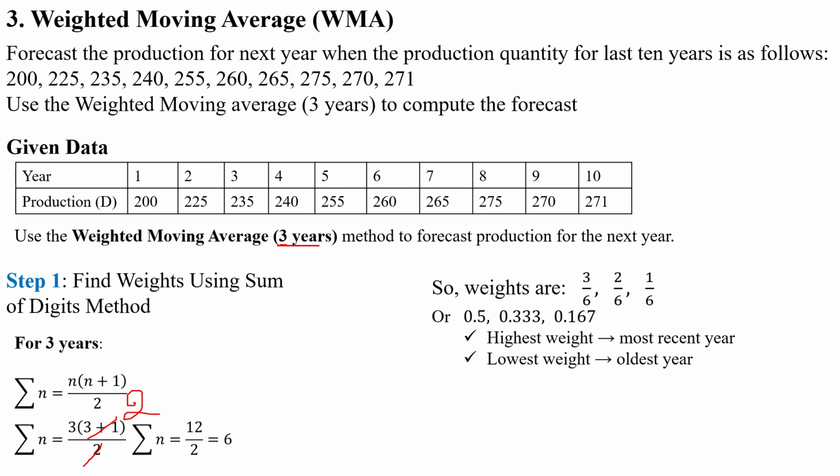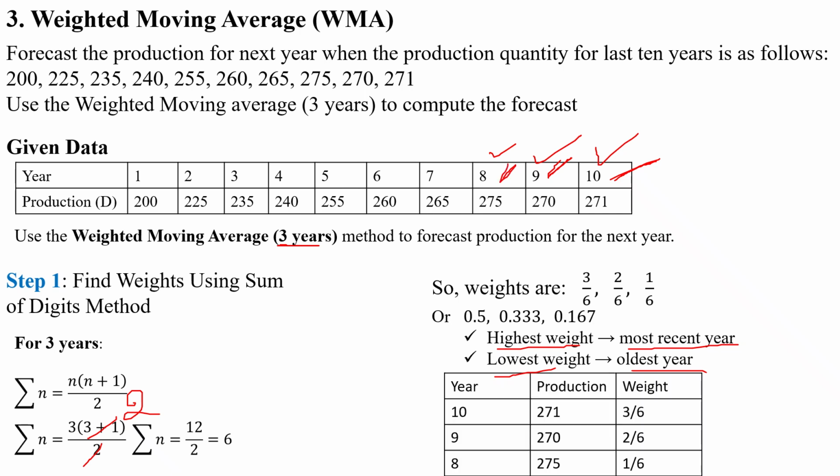Moreover, the highest weight we have to give to the most recent year, and the lowest weight to the oldest year. So here the 3 years of data to consider are the 10th year, the 9th year and the 8th year. The highest weight goes to the most recent year, the 10th year, next the 9th year, and next the 8th year.